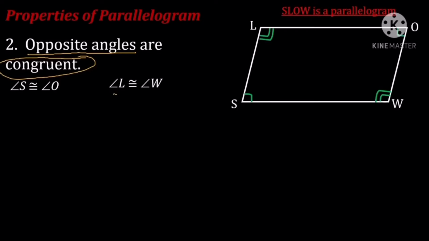So, example, if the measure of angle S is 45 degrees, so ibig sabihin, yung katapat niya o yung opposite angle niya, which is angle O, will also have 45 degrees as the measurement. Kasi nga, opposite angles are congruent. Another example.